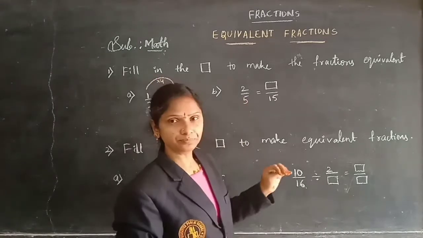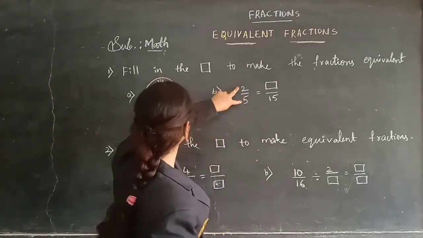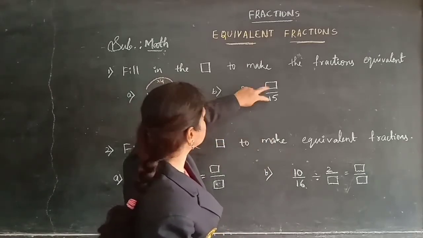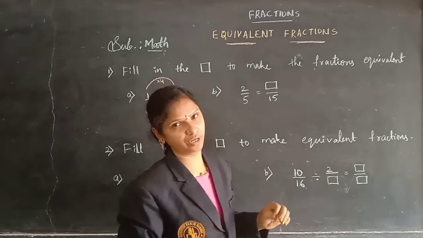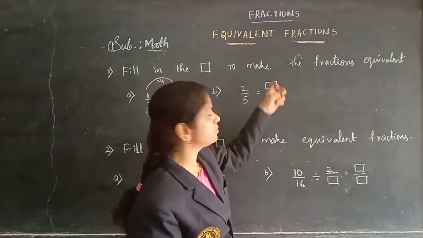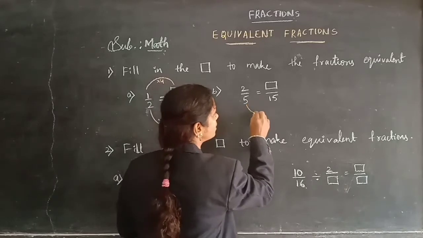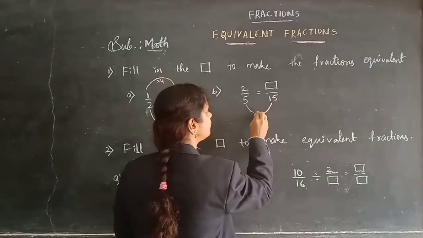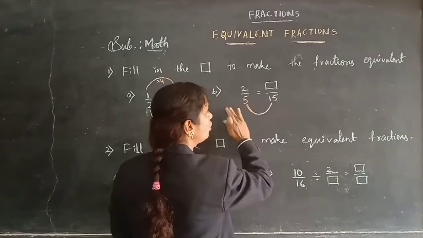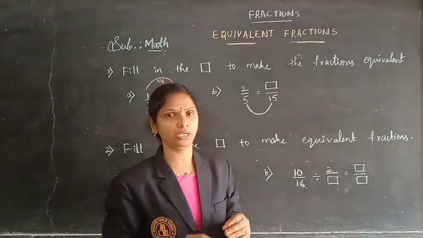Coming to here, now 2 by 5 and box by 15. Now we need to fill up this box. To fill up that box, first you have to observe the denominators. Why are we observing the denominators? Because in the two given fractions we have the denominator values.